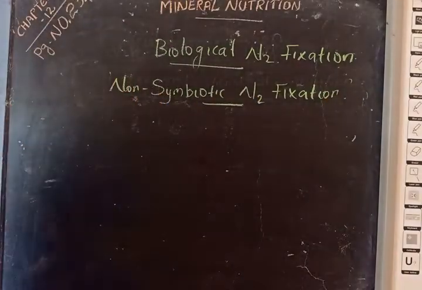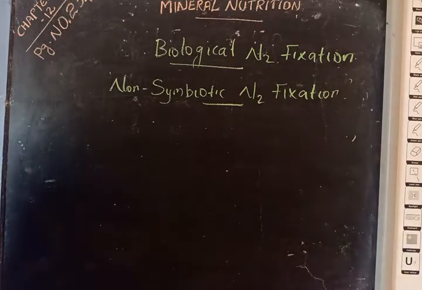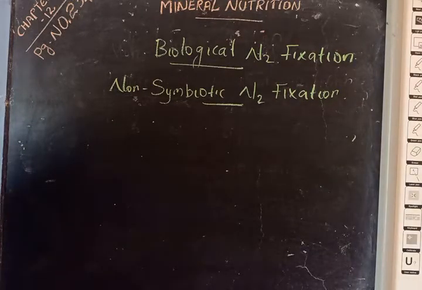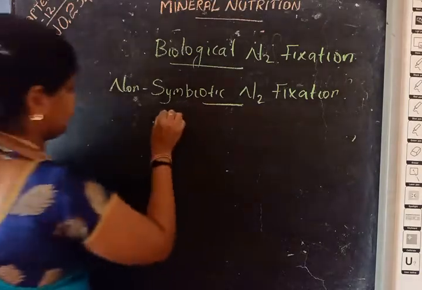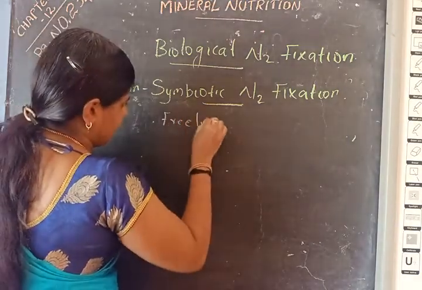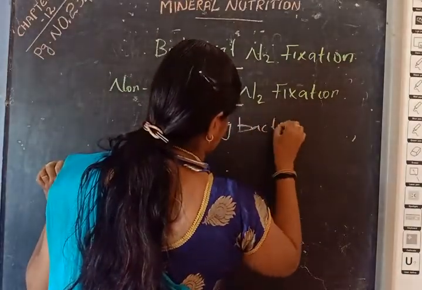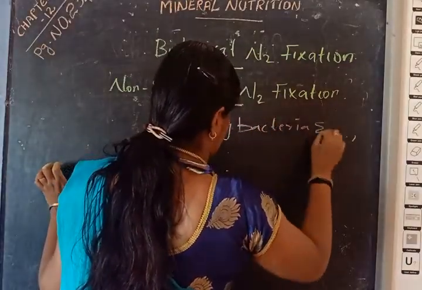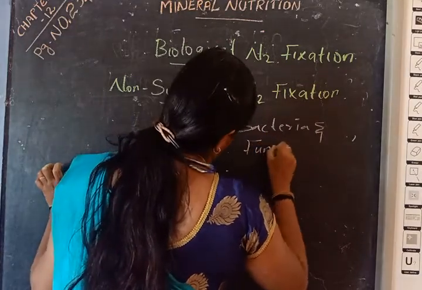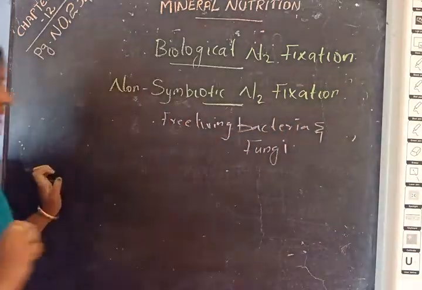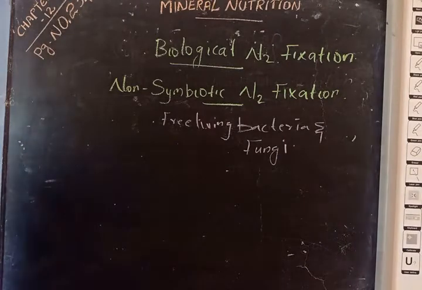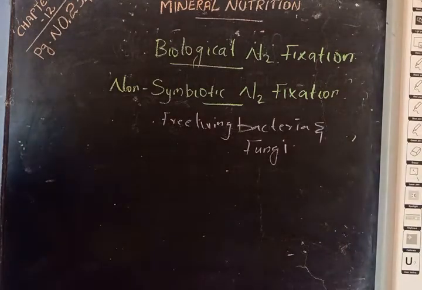Free-living bacteria and fungi also fix atmospheric nitrogen into the plants' absorbable form of nitrogen.